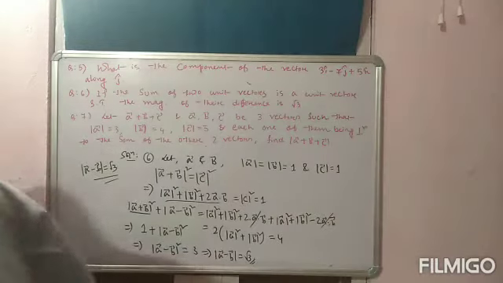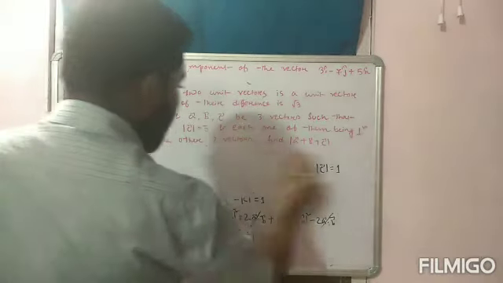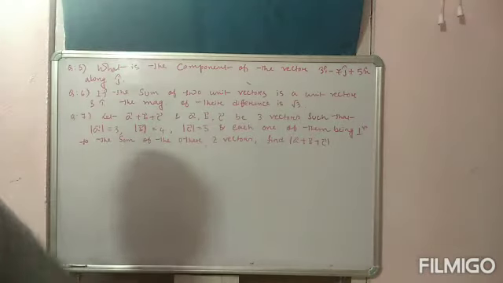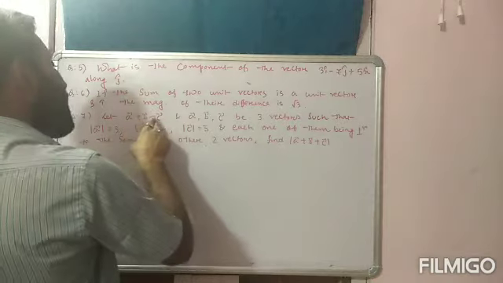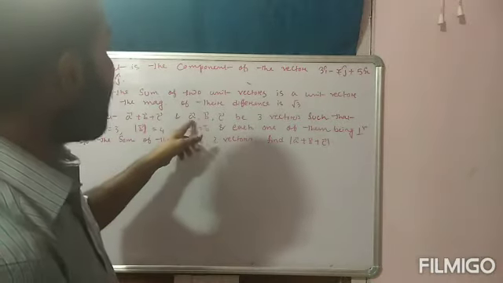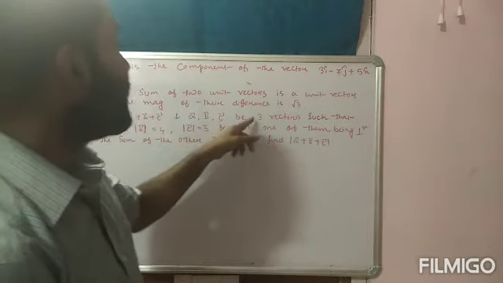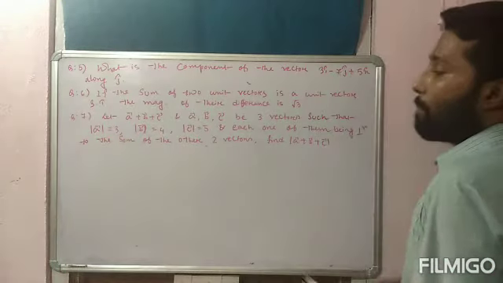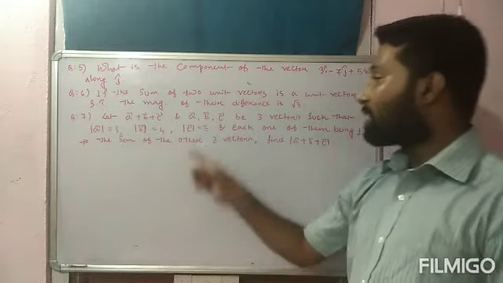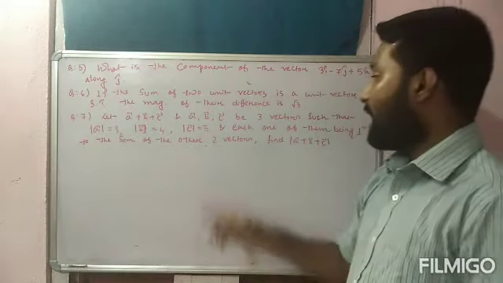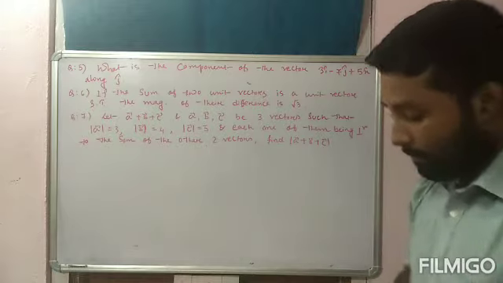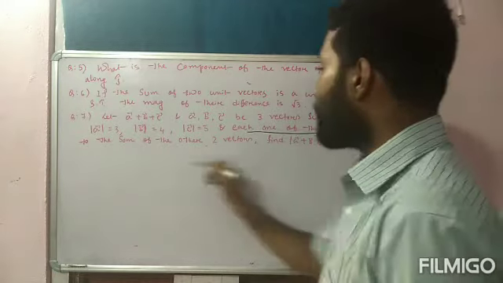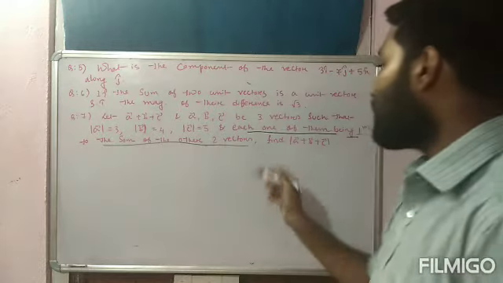Now the next question. What is given in the next question? Question number 7 is: let a bar, b bar, c bar be 3 vectors such that mod a bar is equal to 3, mod b bar is equal to 4, mod c bar is equal to 5, and each one of them, this is one important line, each one of them being perpendicular to the sum of the other two vectors.